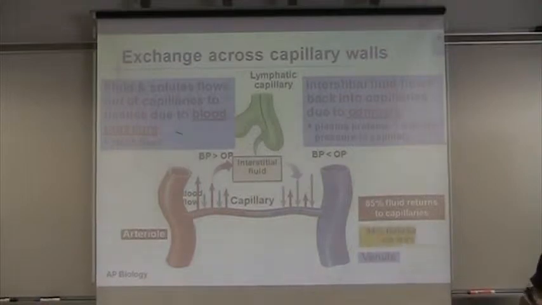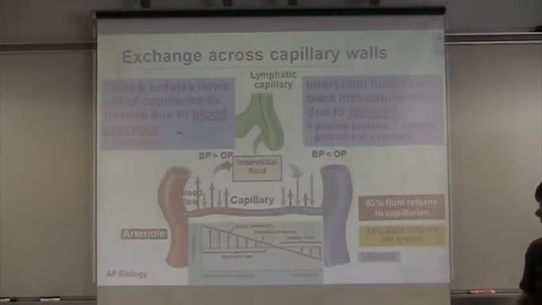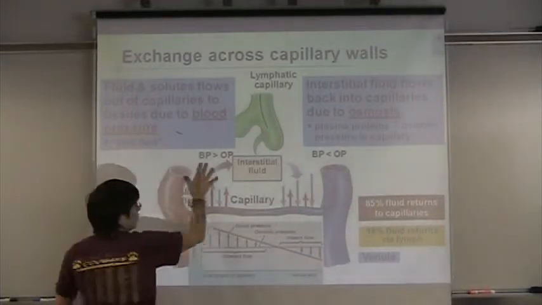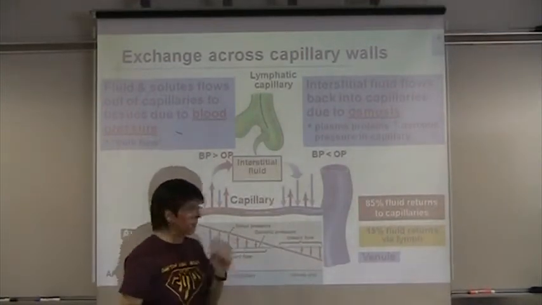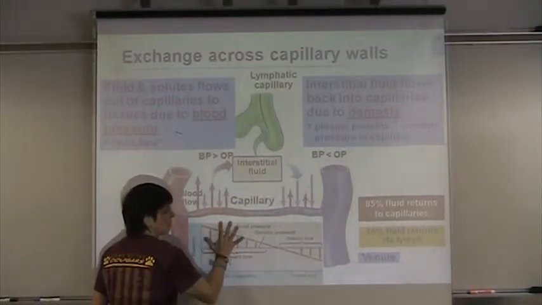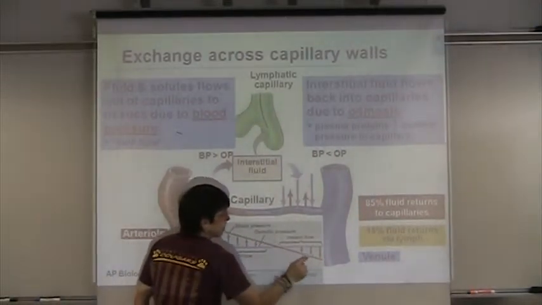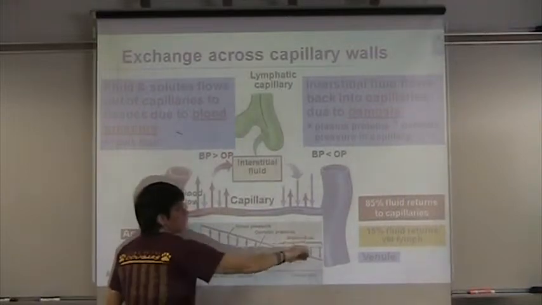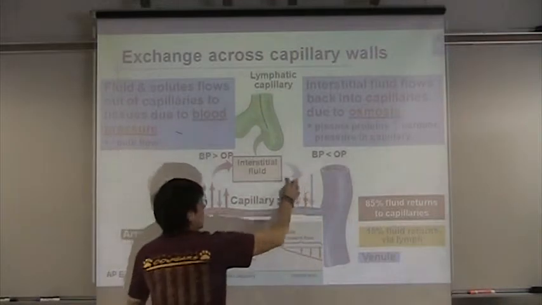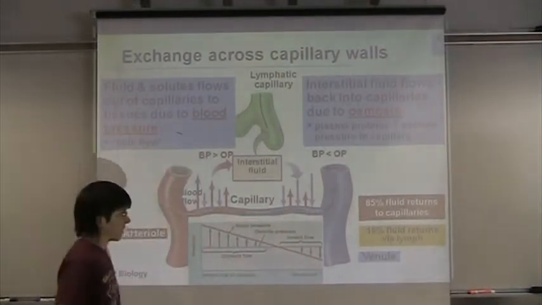You can do some numbers. About 85% of all the liquid that was squeezed out is going to return to the capillaries. And here you have all the liquid coming out because of the blood pressure. But then blood pressure drops, but then you have osmotic pressure, the hypotonic and hypertonic here.